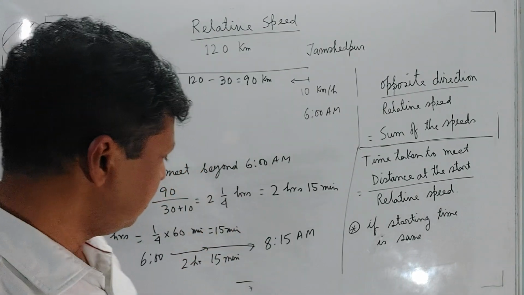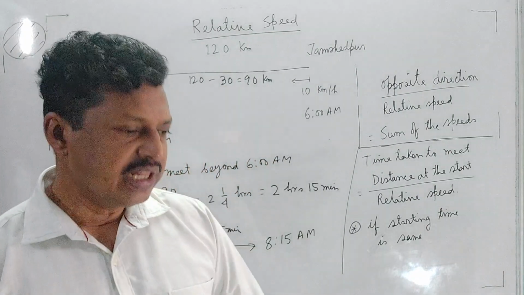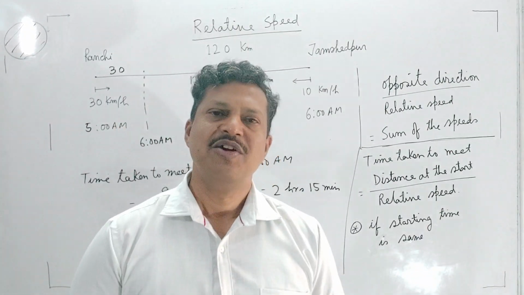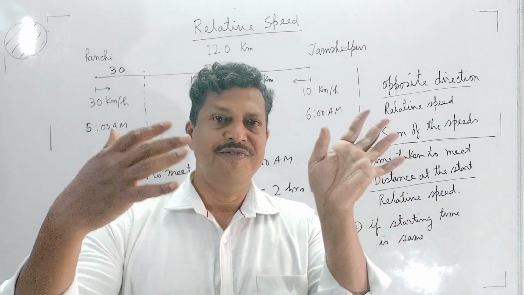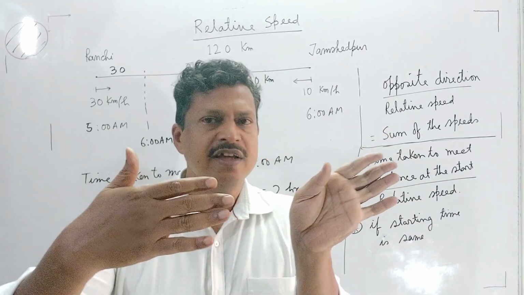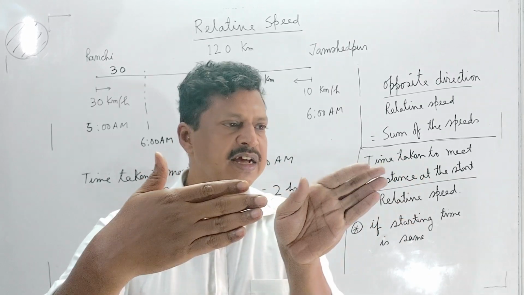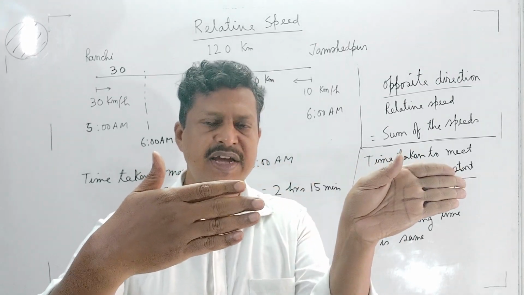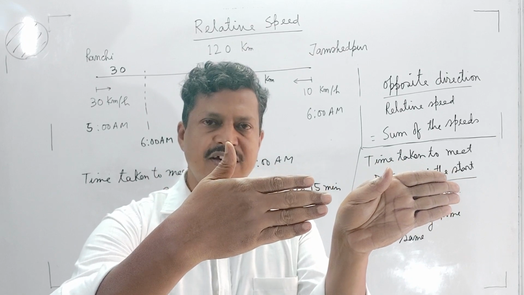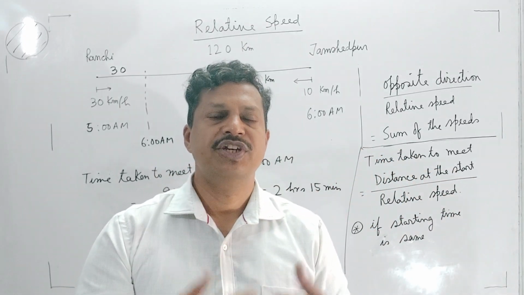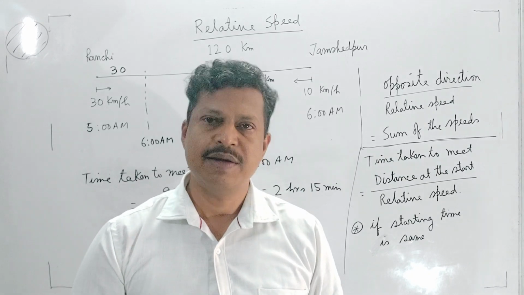Now before I proceed, if both the cars are running in the same direction, what kind of examples can I have? One is if you are driving and trying to overtake. When you are trying to overtake, there is a car in front moving this way and you are also moving this way. So there is a situation of running in the same direction.